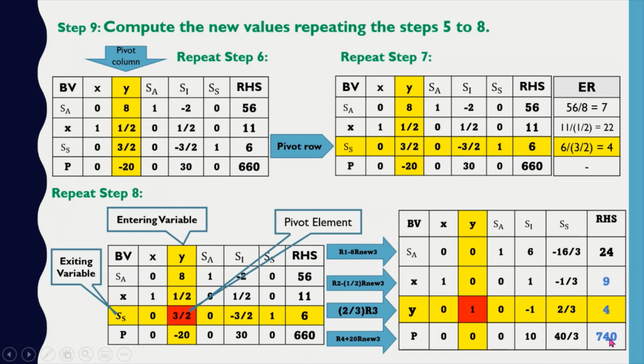740. And this is our last table, from which we may now identify our x value and y value. As you can see, we have x in column 1, row 1, and y right here in column 1.